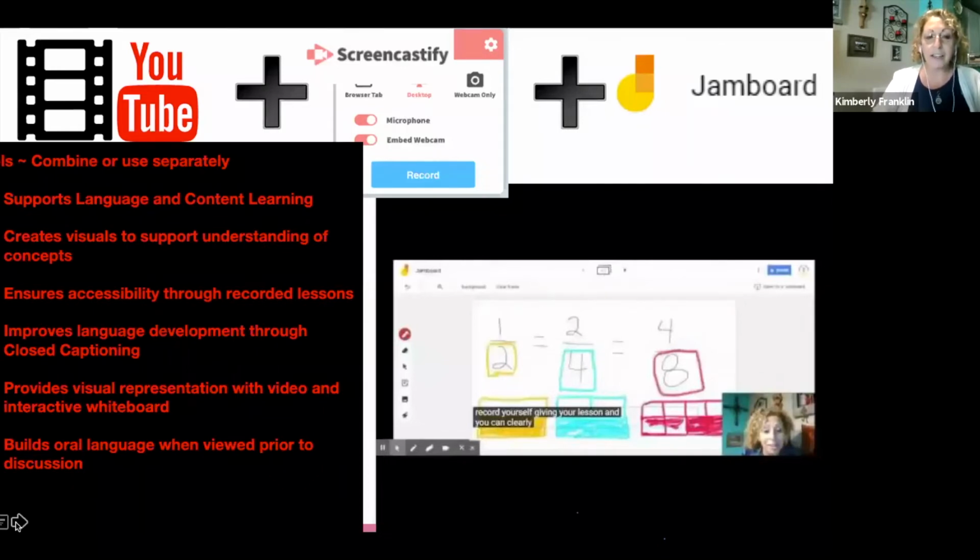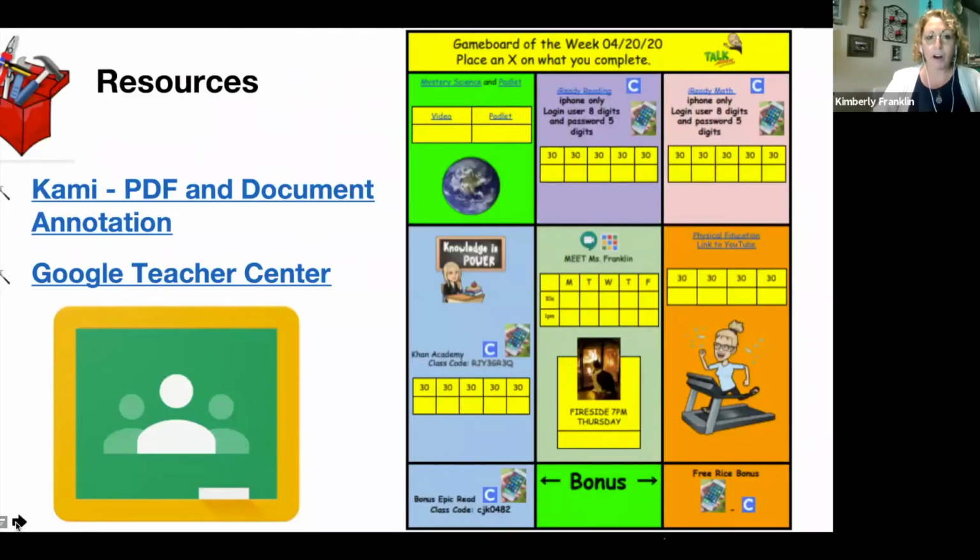And lastly, next slide, please. My 2 favorite are Kami, which had been mentioned earlier, and that is a PDF and document annotation application. It's used to write on anything that you would usually print out. What you see there is a copy of my must-dos and may-dos for the week.